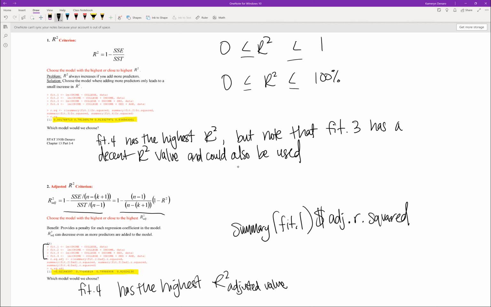But we noticed that the difference between model 2, model 3, and model 4 is not that far apart.